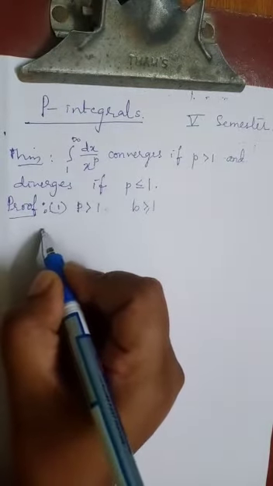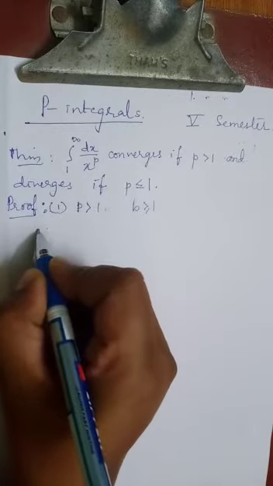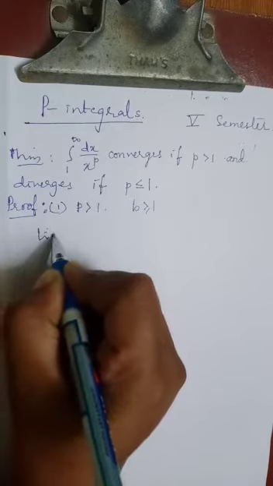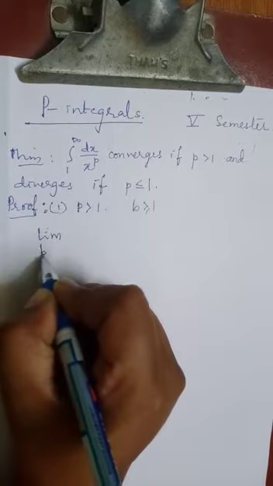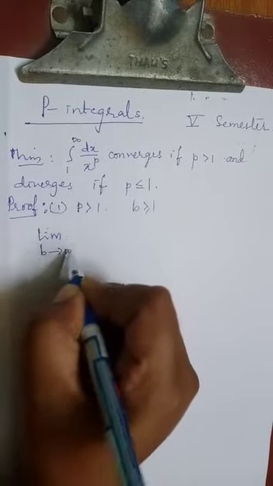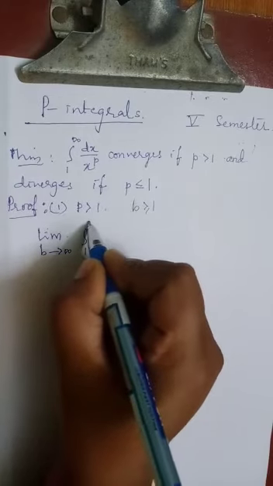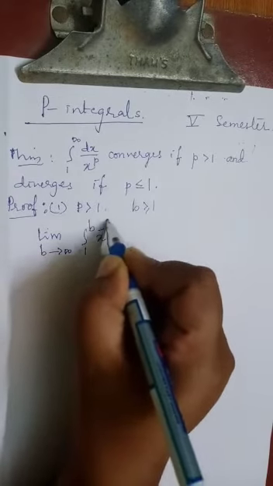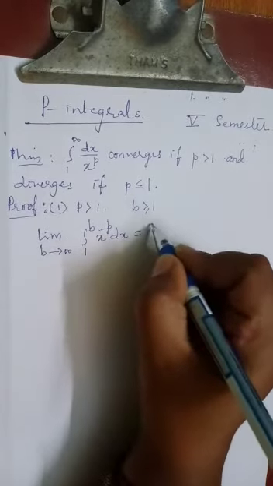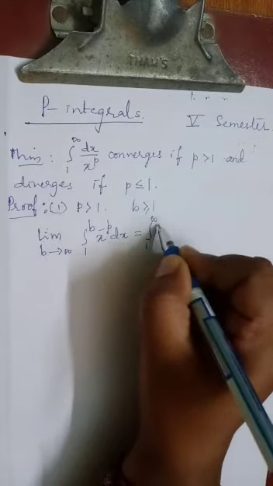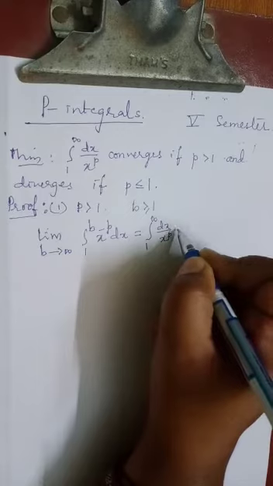Now infinity is the point of discontinuity here. So the limit as b tends to infinity of the integral from 1 to b of x raised to minus p dx is nothing but the integral from 1 to infinity of dx by x raised to p.